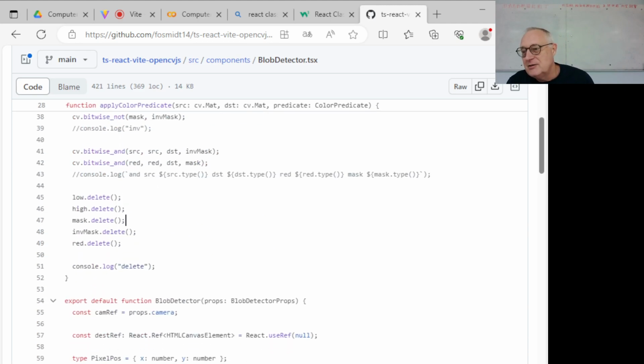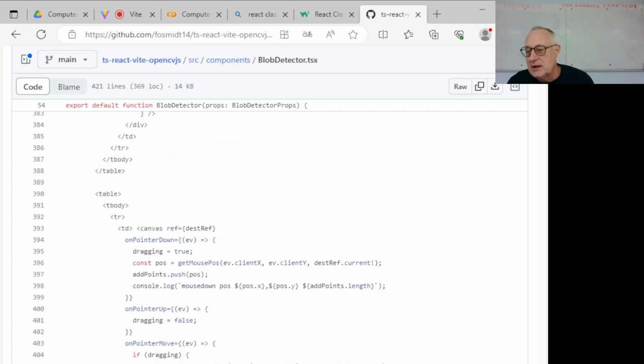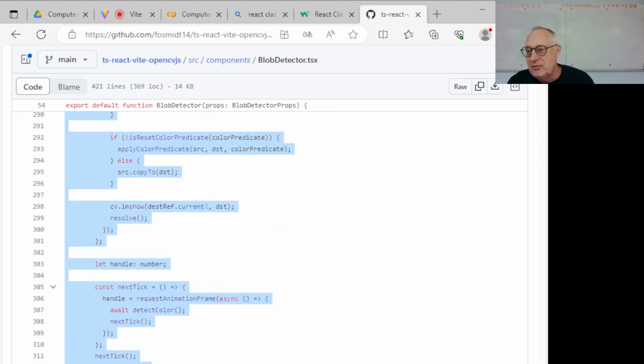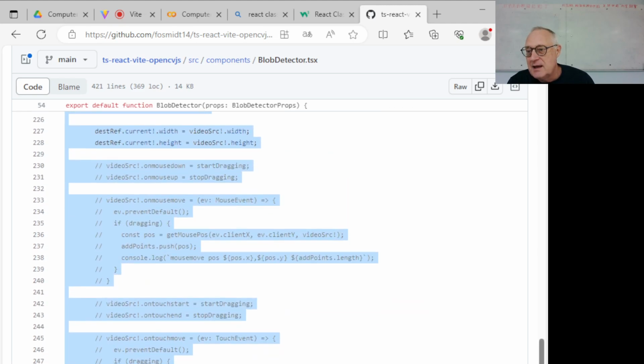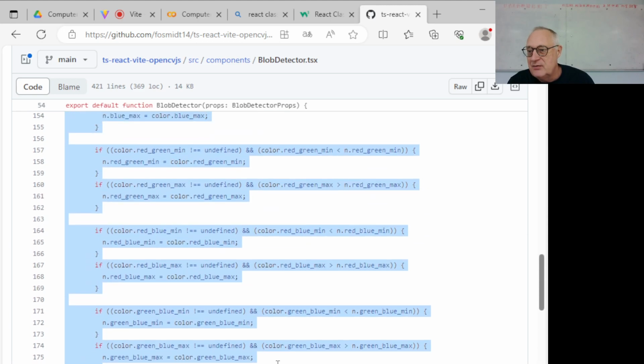But what you now have as a function here for the block detector starts at line 54 and goes all the way down to 421. So this will be an extremely big function. And then not only do you have the function, but you define various functions within your functions. So you have nested functions, and I understand closures.